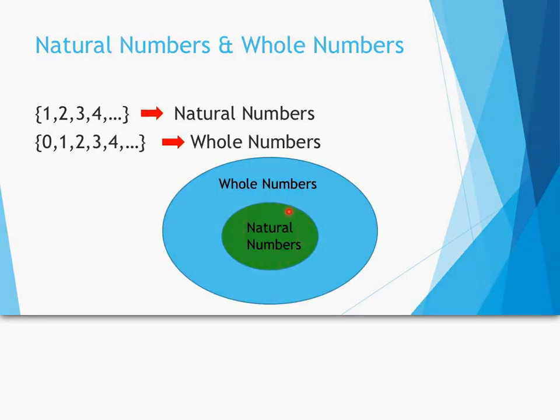The natural numbers are included in the whole numbers. The difference is that the whole numbers include the number 0. The natural numbers include 1, 2, 3, 4, and continuing.